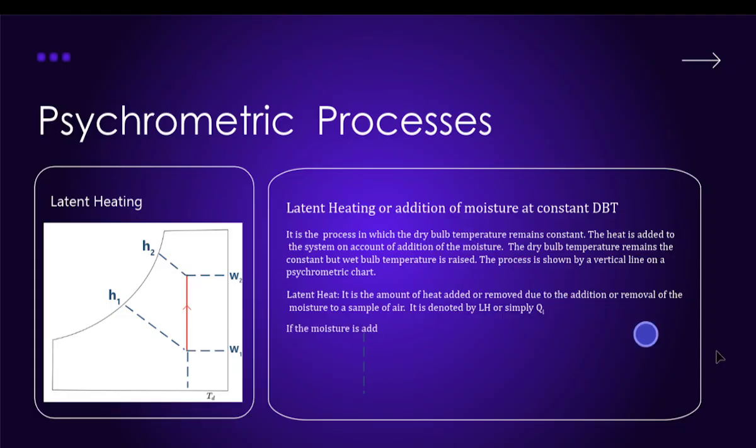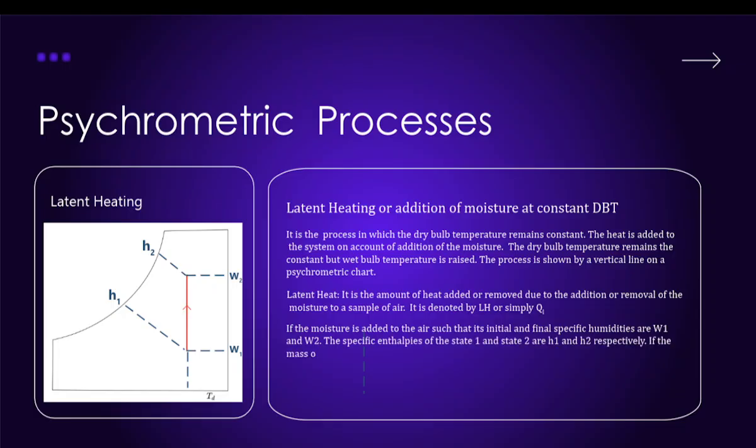If moisture is added to the air such that its initial and final specific humidity are W1 and W2, then the specific enthalpies of state 1 and state 2 are H1 and H2 respectively. If the mass of the air is m, then the latent heat added QL is equal to 50 V times the quantity (W2 minus W1).